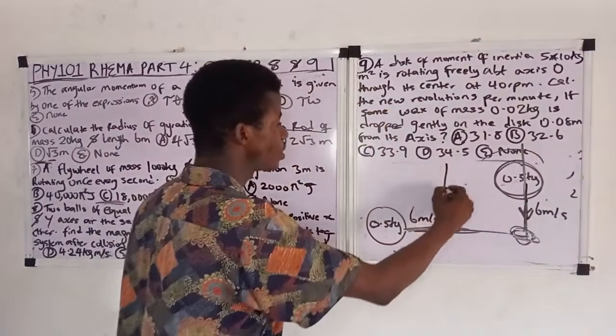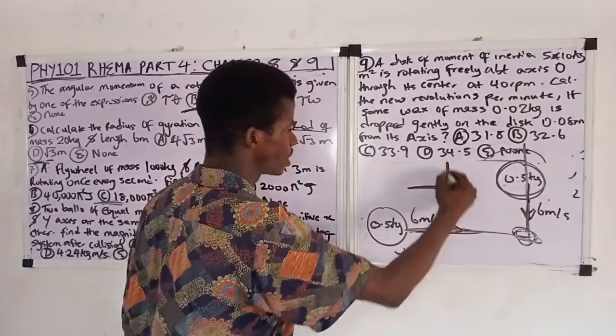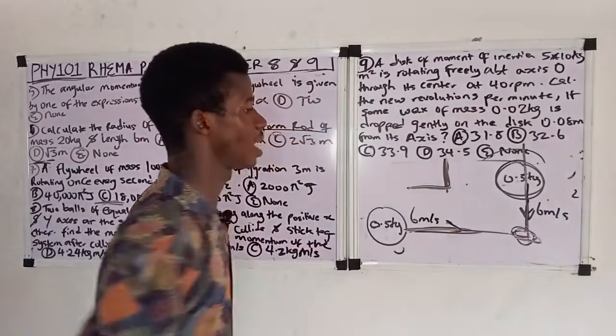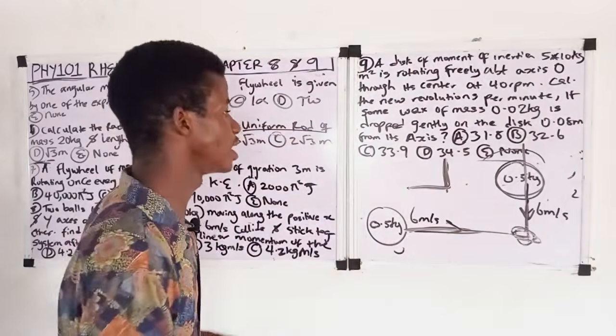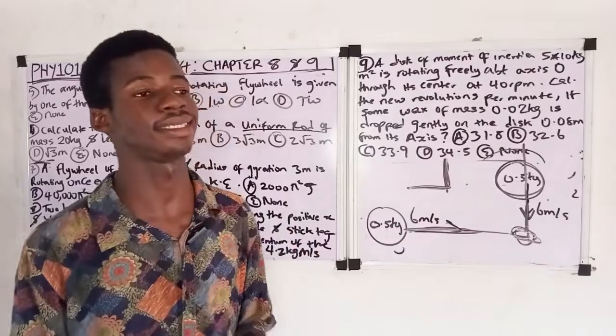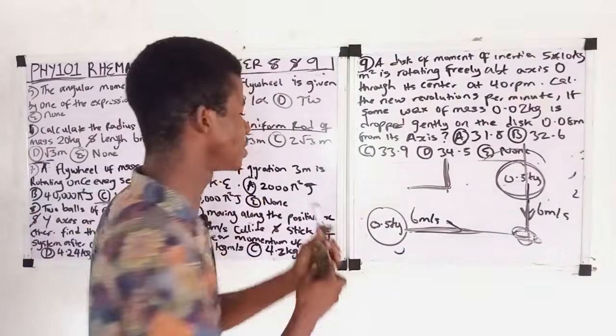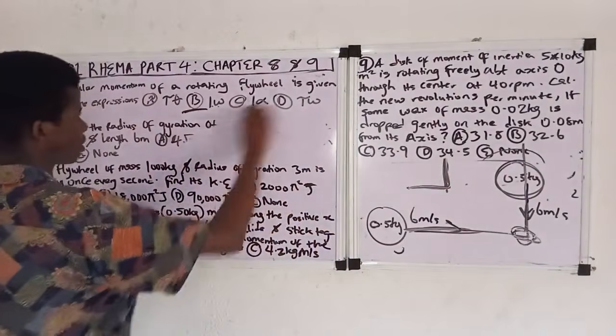These velocities are perpendicular, like this, right? So remember, momentum is a vector quantity. We have different means of representing vectors.